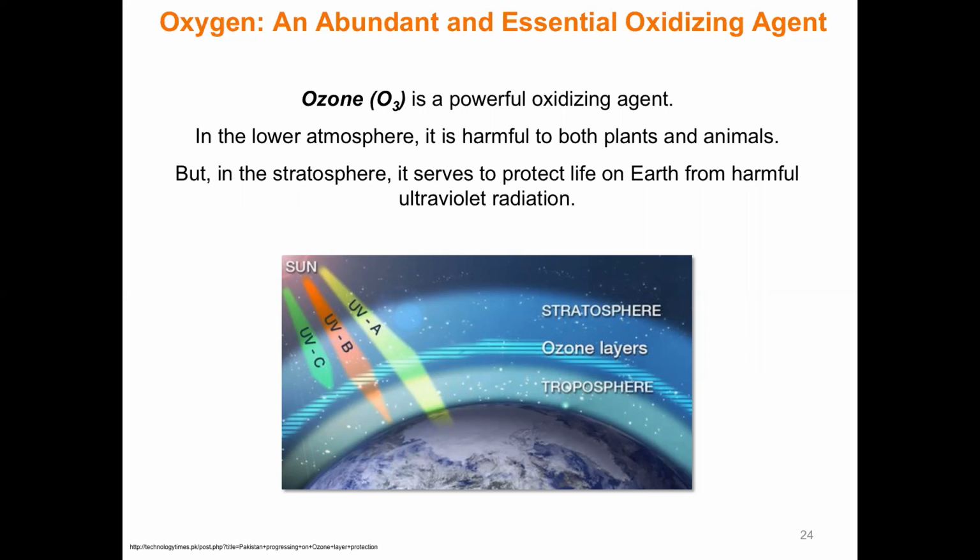Remember, in your electromagnetic spectrum, there's a range that's UV. And I'm going to show you that chemistry later, how that works. But basically, ozone can take that energy and make oxygen. And so it's very important because it protects us.